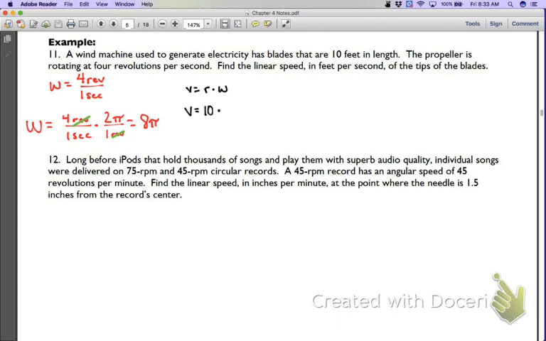What is omega, or what's the angular speed per second? It's 8 pi per second.